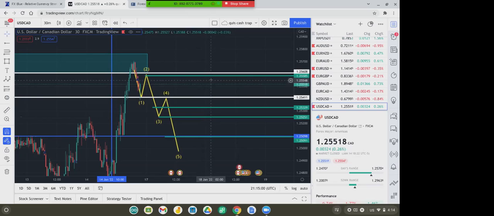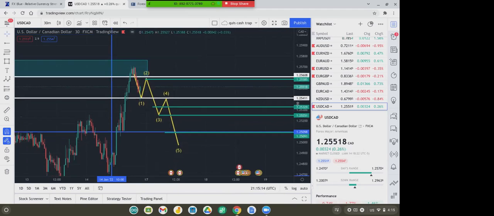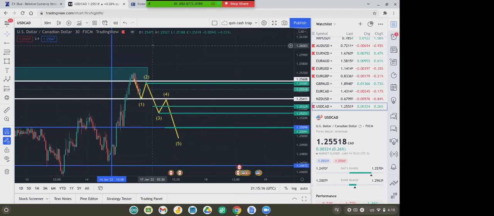Move stop loss. Right. You got to move the stop loss. All right, so then you will draw that out like this. And then write it out like this.